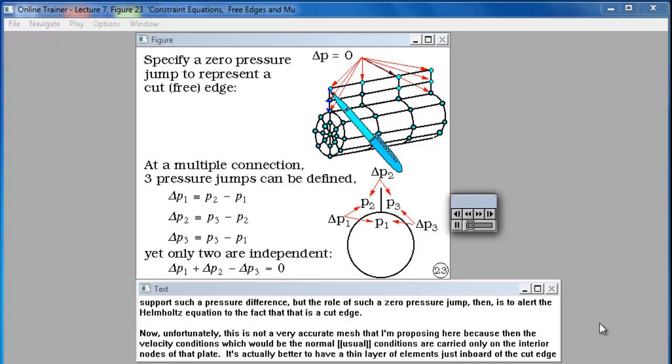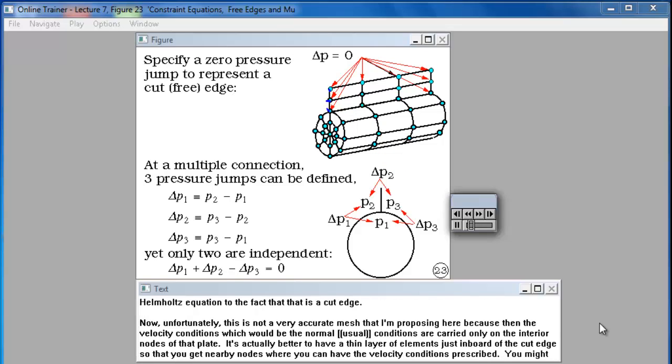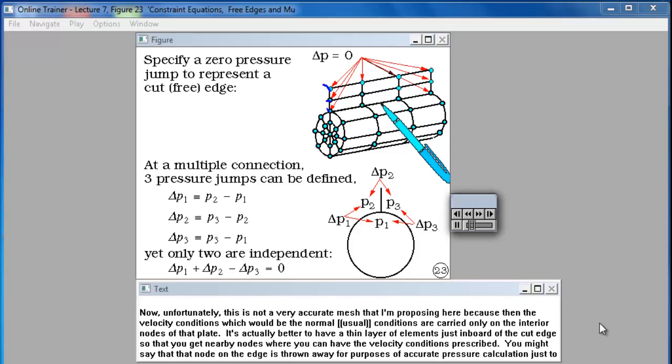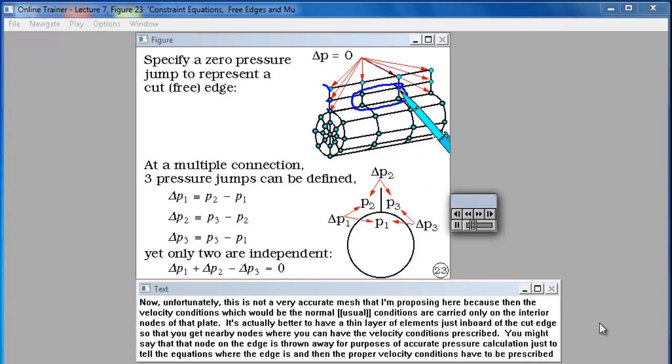But the role of such a zero pressure jump then is to alert the Helmholtz equation to the fact that that's a cut edge. Now, unfortunately, this is not a very accurate mesh that I'm proposing here, because then the velocity conditions, which would be the normal conditions, are carried only on the interior nodes of that plate.